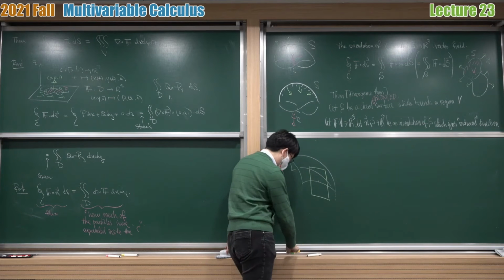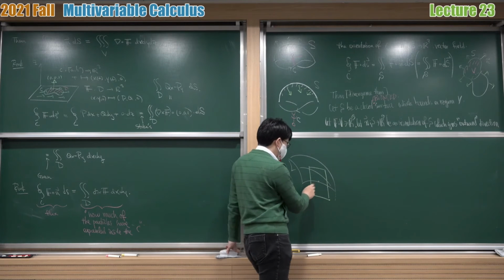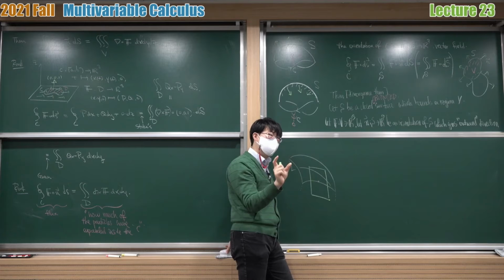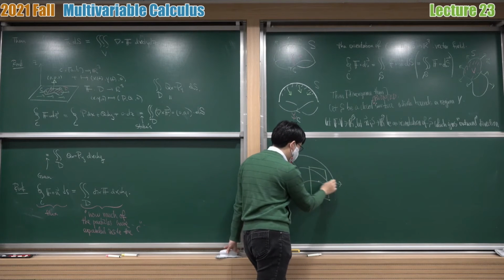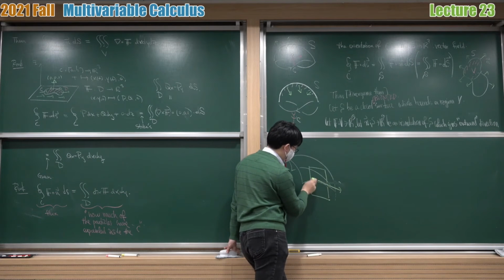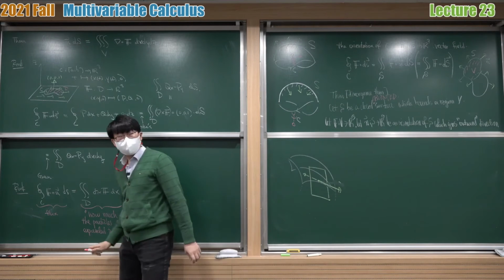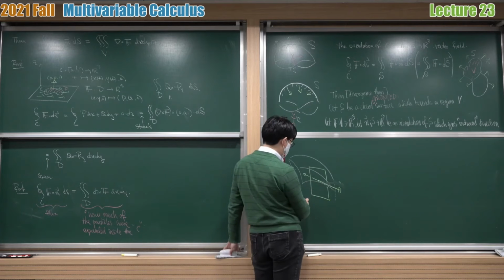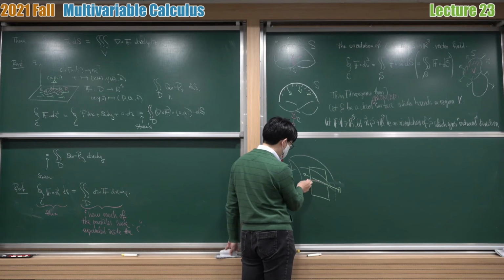So a tangent plane has two normal directions, two perpendicular directions. One is this way and the other is that way. Okay, there are two directions. Let's say I'm moving in that direction.